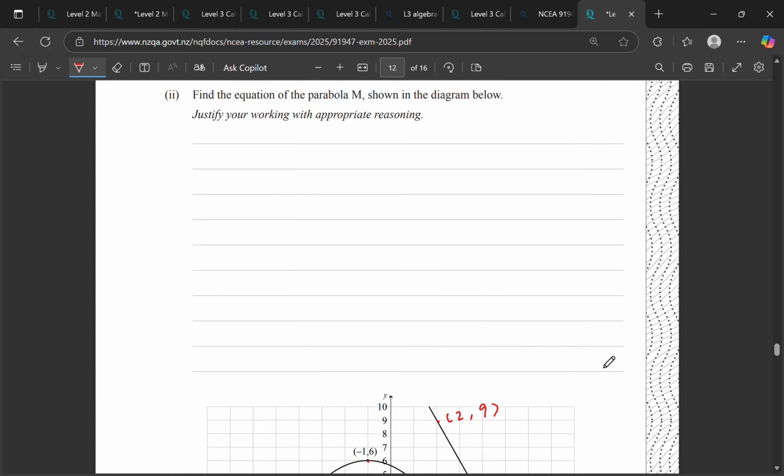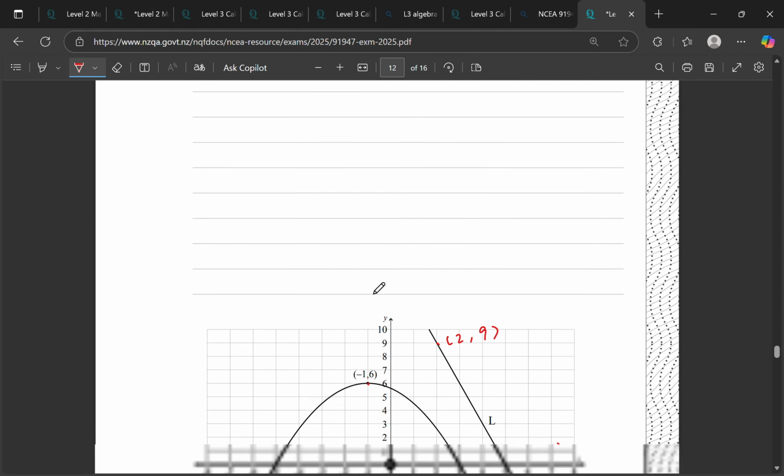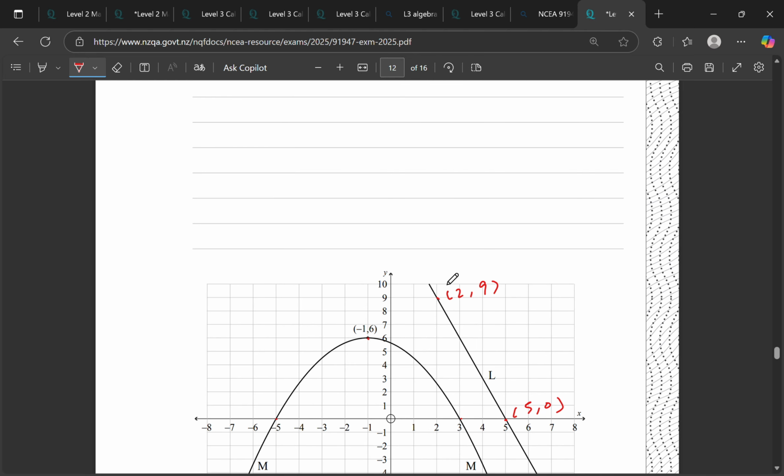Using the turning point, it should be y equals k, where k is a scale factor. Because the turning point is (-1, 6), it becomes (x plus 1) squared plus 6, right? And then to find k, I can't use a y-intercept, can I? Because it's not clear. But one of the x-intercepts is clear, so I'm going to say (3, 0).